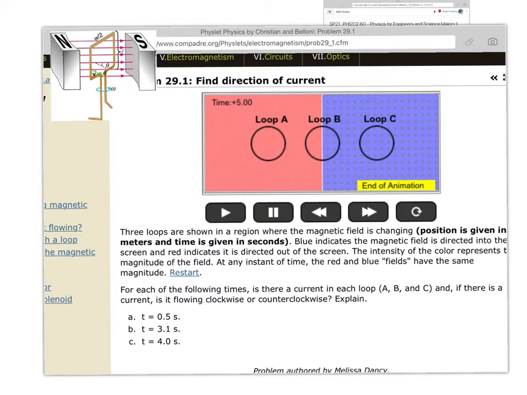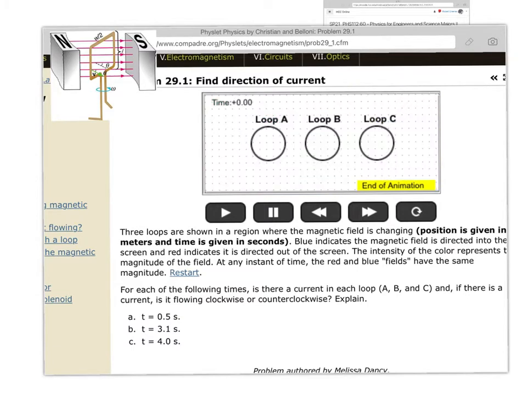So you go back and run it a few times and you'll see that it starts out white, so there's no magnetic field, and then if we step through it with the stepping button, you see as we start it, the left side is blue, so that means we went from no field to a field into the page on the left side, and on the right side it's beginning to become red.